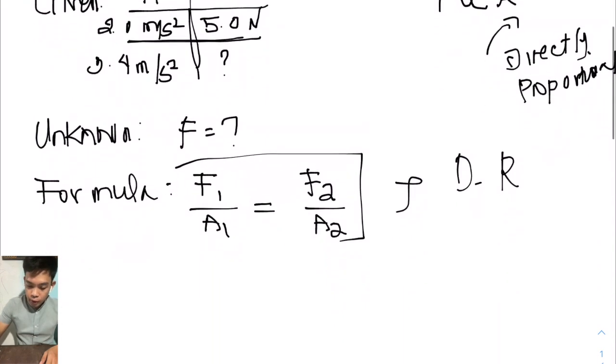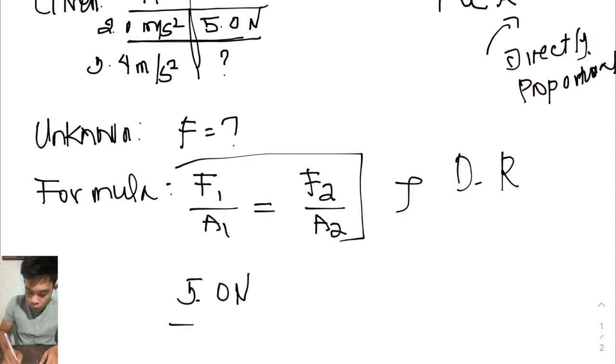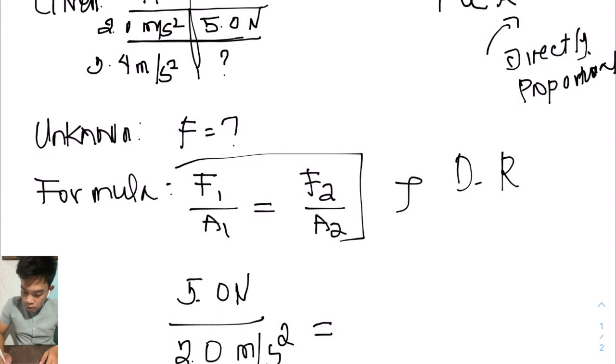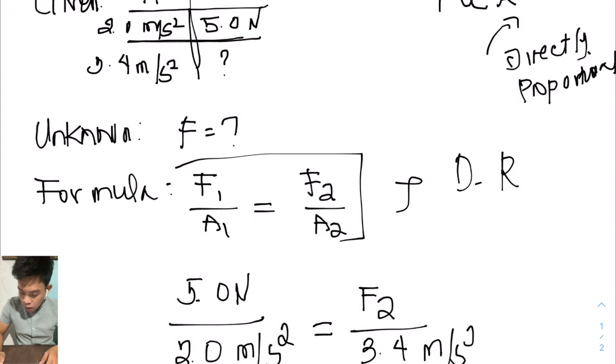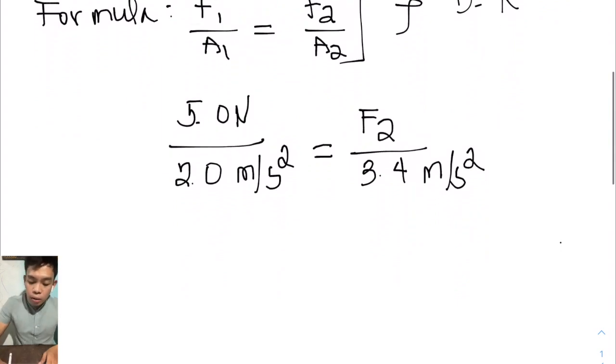Moving on, plugging in the values. F1 is 5.0 newtons over acceleration 1, which is 2.0 meters per second squared, equal to F2, which is unknown, over 3.4 meters per second squared, our second acceleration. Instead of x, I will write F2. Next, we perform cross multiplication.